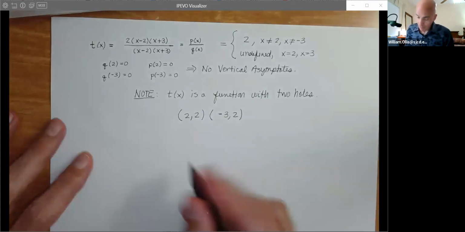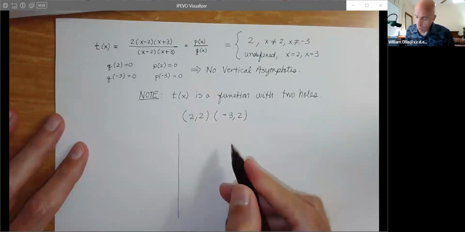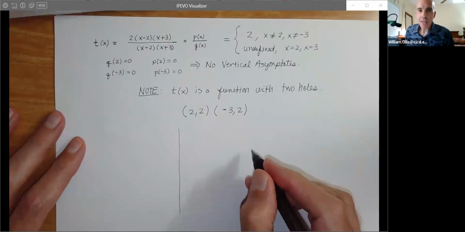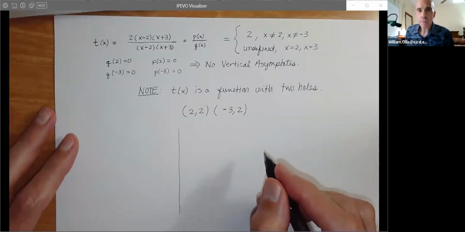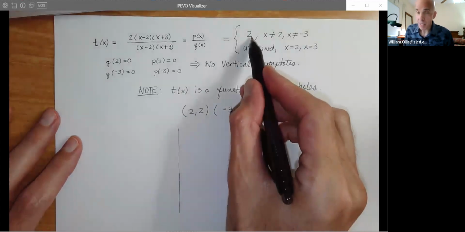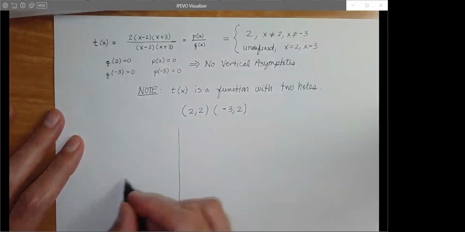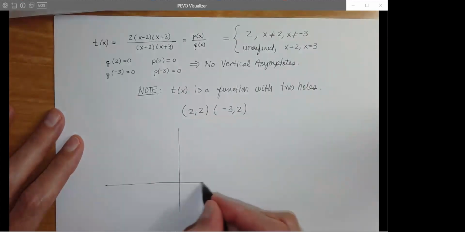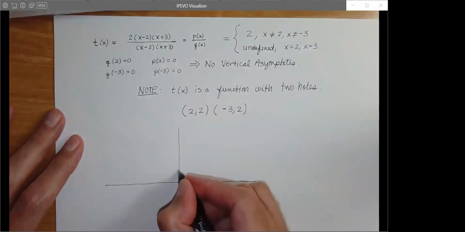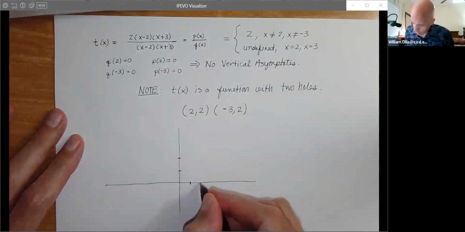So let's draw it. Not that we need to. So true or false, T of x becomes infinite. False, right? How big can it be? 2. How small can it be? 2. So there's 2, and we'll do 1, 2.